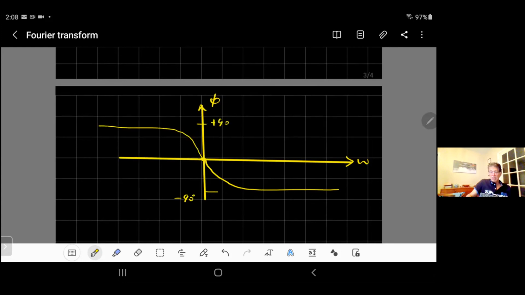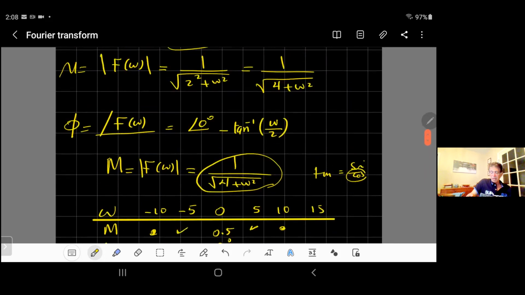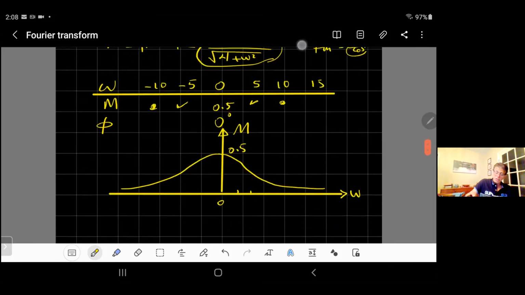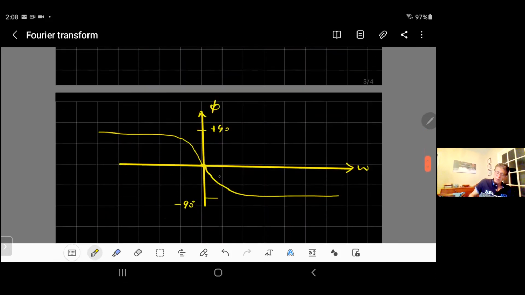Remember, you have here 0 minus the angle, so 0 minus 90 is minus 90. That's why, when omega is on the positive side, it goes to minus 90. So now we have the plot for the magnitude and the angle of each component, each harmonic, that can help you design a system. That's one method of finding the Fourier transform, and there is another method we're going to explain in the next lecture.